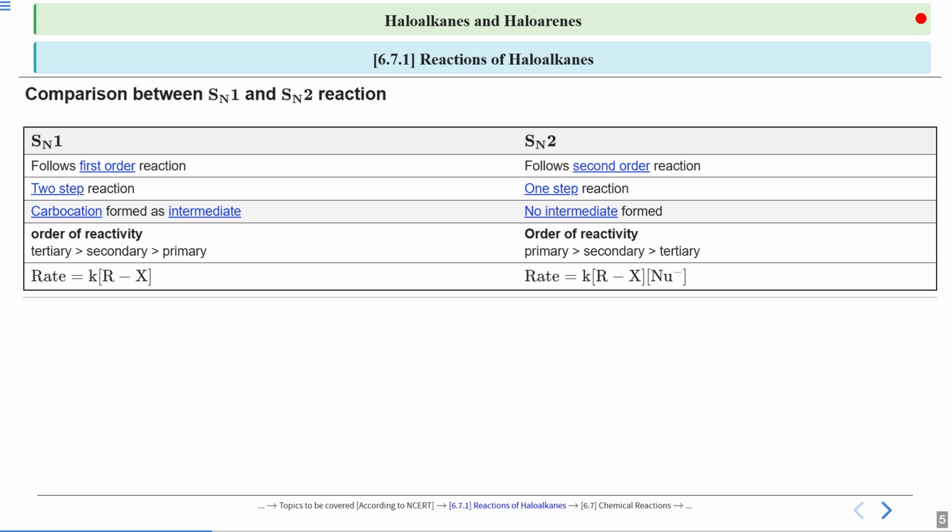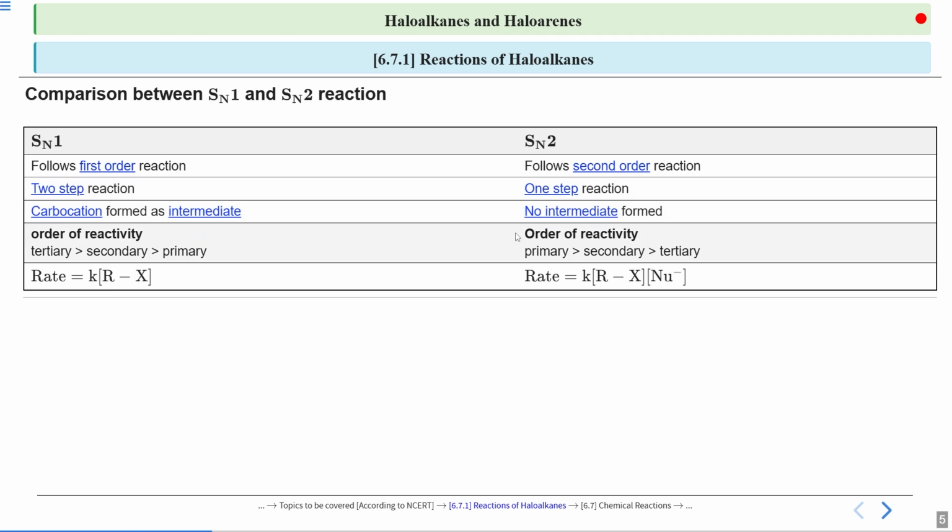The nucleophile attacks from the backside of the carbon-halogen bond, and then there is a transition state where the carbon is simultaneously forming 5 bonds: the bond with the incoming nucleophile is forming, and the bond with the leaving group is breaking, right? And then finally you get your final product where the nucleophile is attached to the carbon.